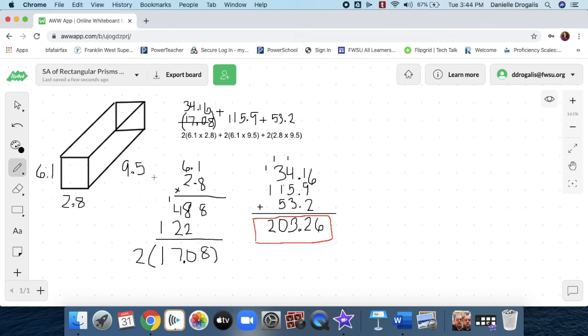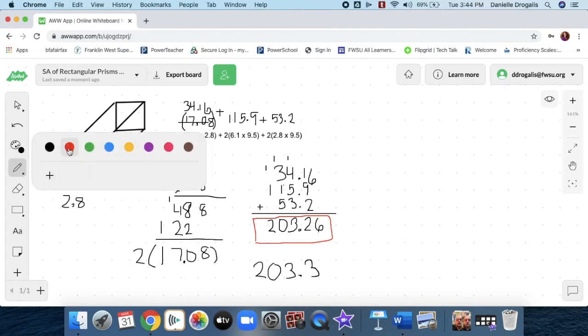We don't know what's happening outside of the 0.5, the 0.8, and the 0.1 as it gets smaller and smaller there. So I have 203.26, and based on our rounding rules, we should round it to 203.3. And that should be our final answer.